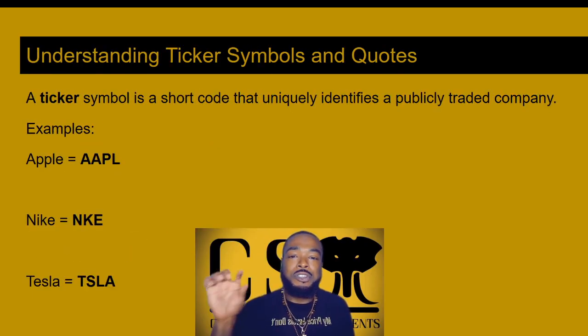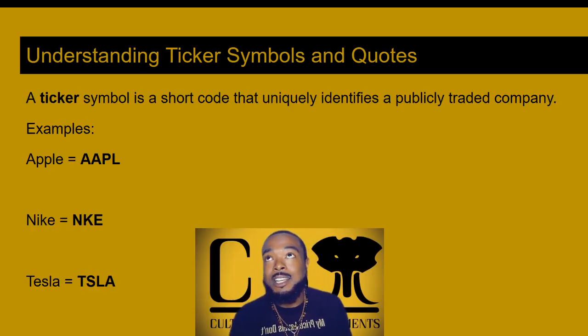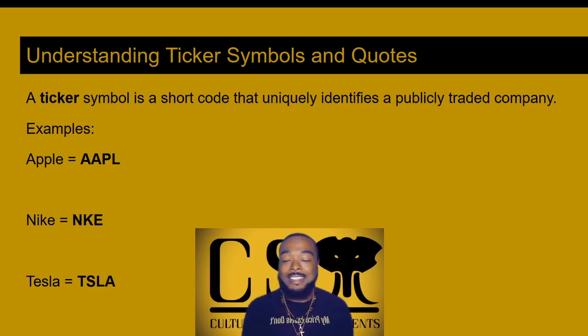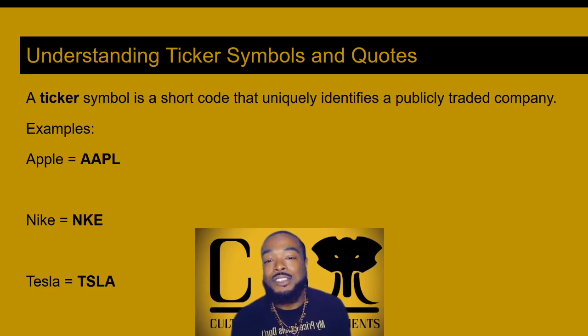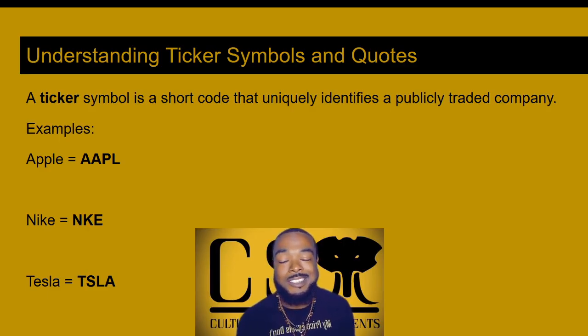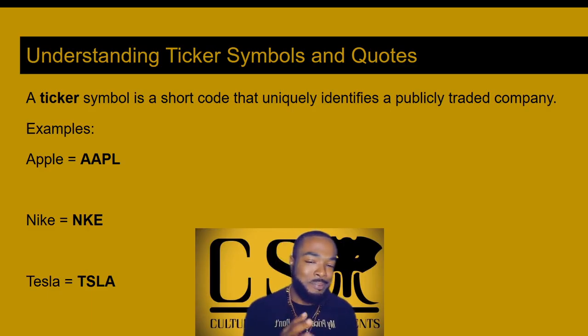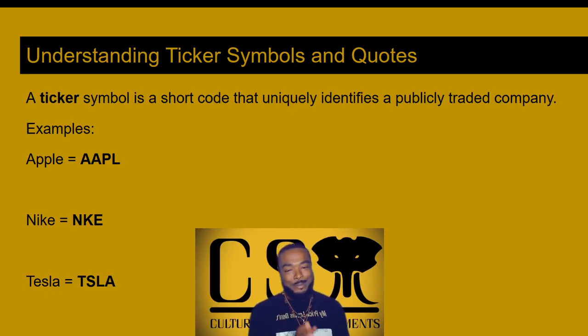The ticker symbol is the shorthand name of the stock. So if you've got a stock like Nike, they'll put NKE instead of the full name of the stock. Tesla, TSLA. So you have to know your ticker symbols. Whatever companies you're trading, you have to know the ticker symbols and what company they relate to, because there are symbols out there that are pretty similar, so you have to be careful and know that you're investing in the proper company.